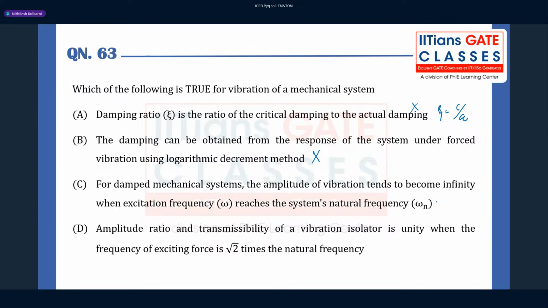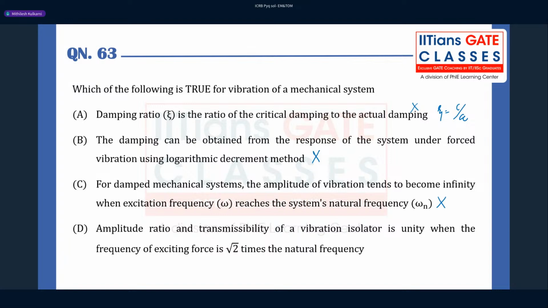This is also incorrect because when the system is undamped, at that point it is true that when the excitation frequency reaches the natural frequency, the amplitude of the vibration becomes infinite. But whenever we are damping the system, this will not go to infinity. So this is true only if it is an undamped mechanical system.